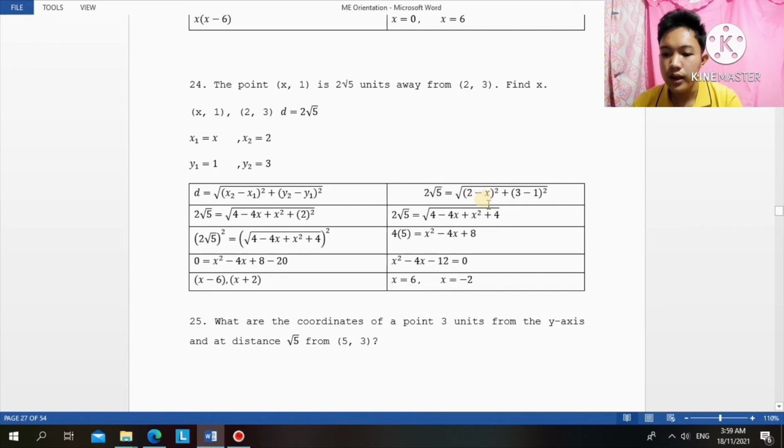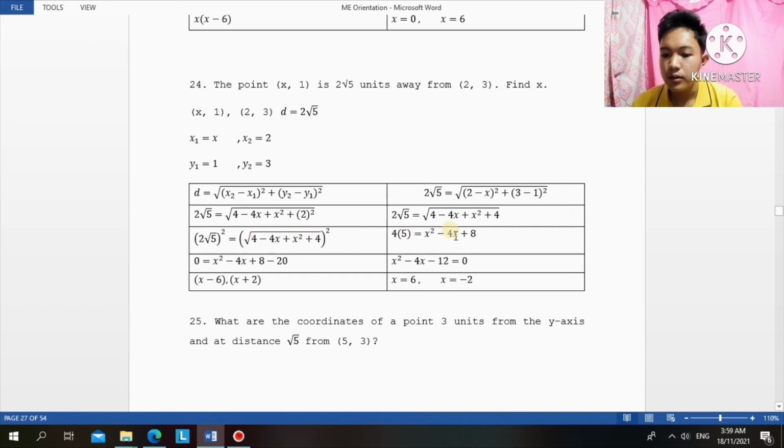Expand 2 minus x, it will become 4 minus 4x plus x squared. So, 3 minus 5 is equal to negative 2. So, negative 2 raised to 2 is equal to 4. To get rid of the radical sign, you must raise both sides to 2. So, 2 square root of 5 raised to 2 will become 4 times 5, and cancel the radical sign.